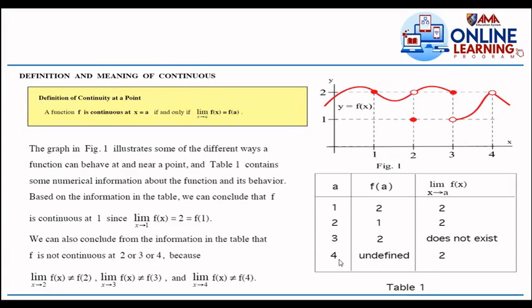Next, as x approaches to 4, ito na siya. So pag titingnan po natin, okay, undefined din siya. Ito yun, no? Okay. Dahil hindi siya solid na tuldok. Okay? Pero pag gagamitin naman natin yung functions niya, the limit of the function of x as x approaches to a is equal to 2. Ito na yun. Okay?